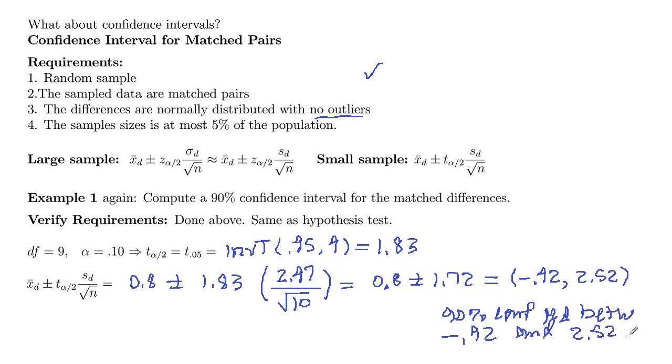And again, what that means is if you took 100 matched pair samples, and you computed confidence intervals, 90 of the confidence intervals would actually contain the true population mean difference.